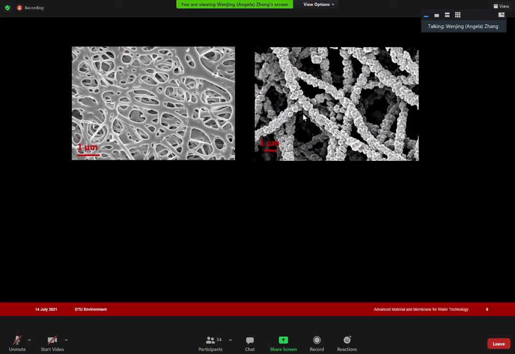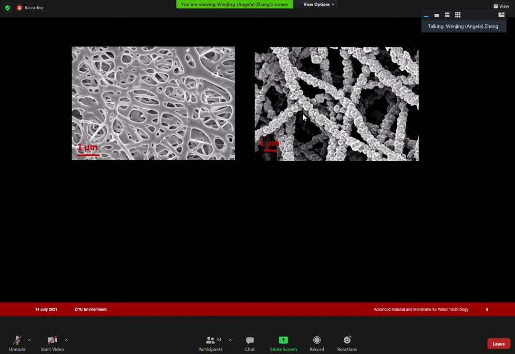And the second one I want to show you is quite interesting. The core of the fiber is still polymer, so overall it's very flexible. And what we can do is to use in situ growth to grow nanoparticles on the surface of the nanofiber. Here is a metal organic framework for the absorption of contaminants or for gas storage.